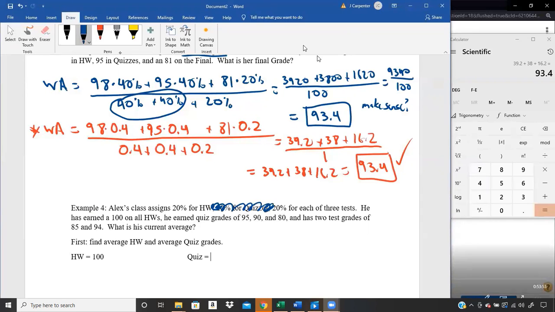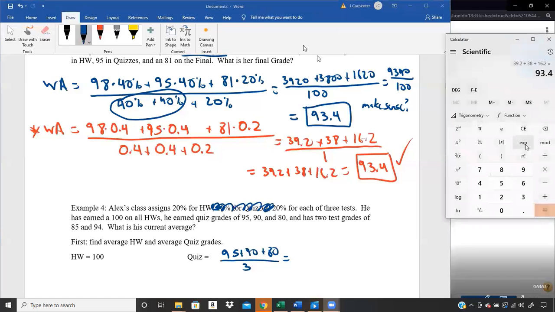No quiz is worth more than another quiz. So this is the old school average where you just add them up and divide by the number of entries. So we just take the 95 plus the 90 plus the 80, and there's 3 grades there, and we divide it by 3. This is the exact same issue you would have with your homework grades, your quiz grades. And by homework, I mean your Excel is one particular type of homework, and then your regular math lab is one type of homework.